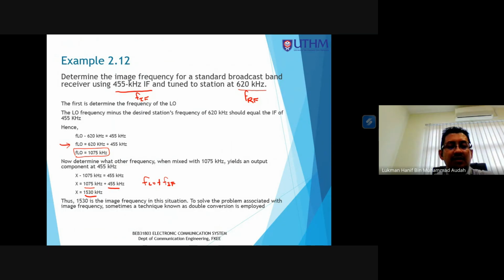Okay, you can also do it like this. F image will be equal to FRF plus 2 times FIF. So 620 plus 2 times 455, you will get the same answer, 1530 kilohertz.